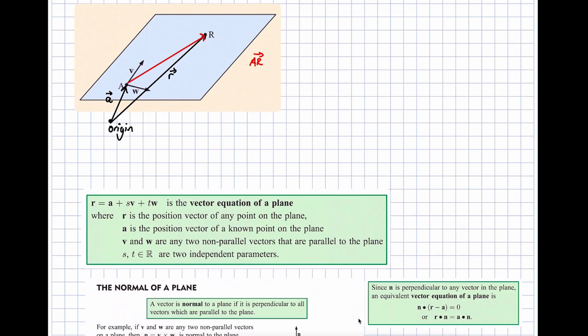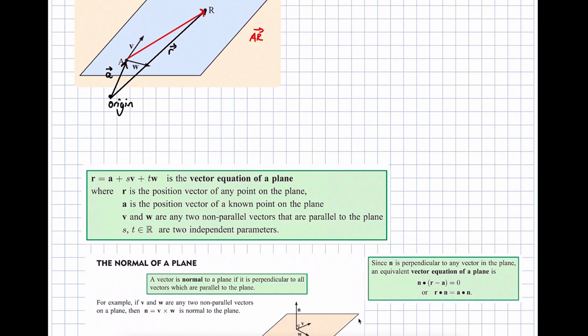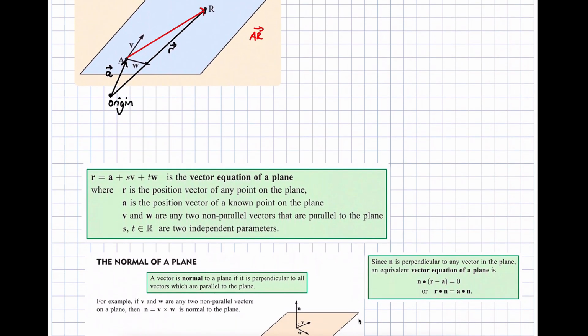If we have the normal to this plane, then R take A: R is here, and if we take A, it's a bit hard to think what that looks like on the diagram, but effectively we end up with the vector that goes from A to R. That is on the plane, hence the normal must be perpendicular to that vector.